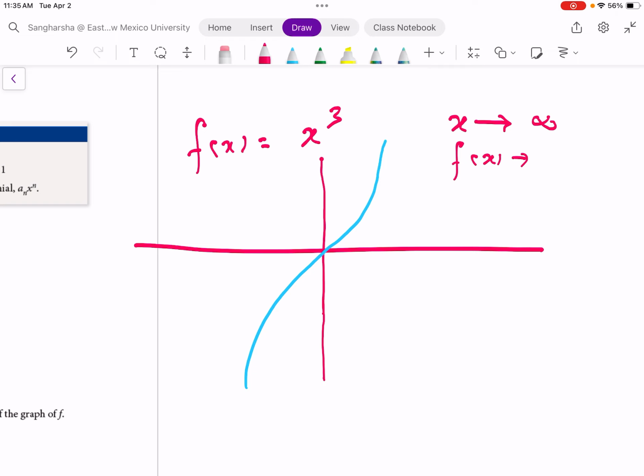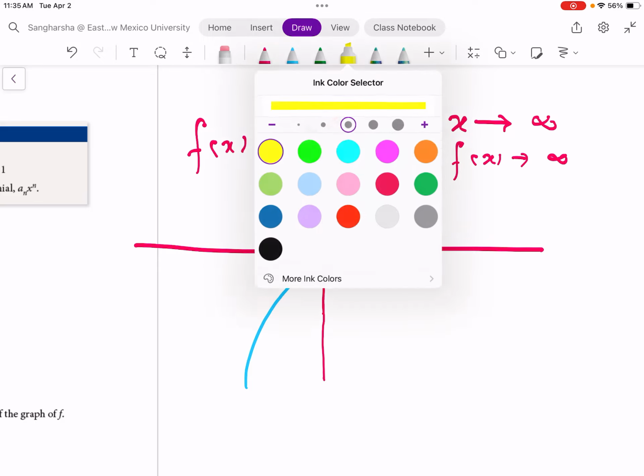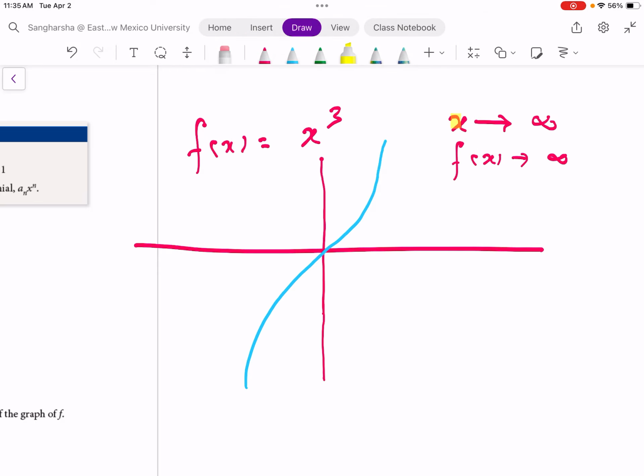Big, right? So our output goes to infinity. It means when your x value gets bigger, all the way to the right, your graph goes all the way up, toward positive infinity.